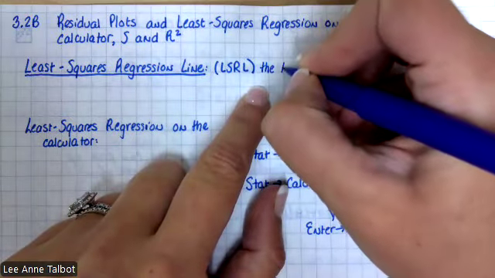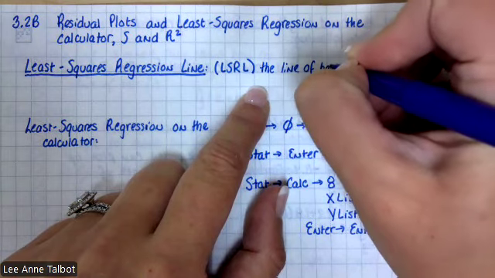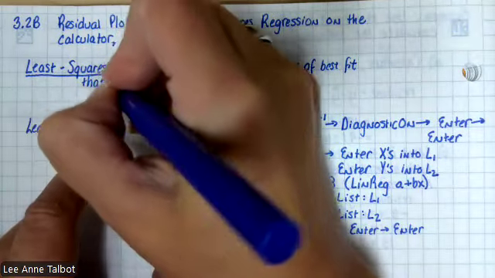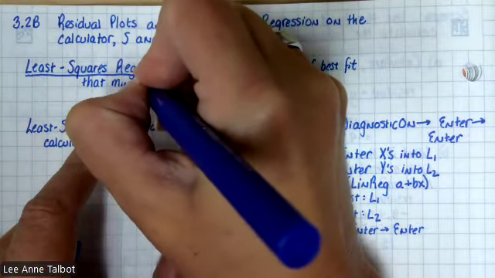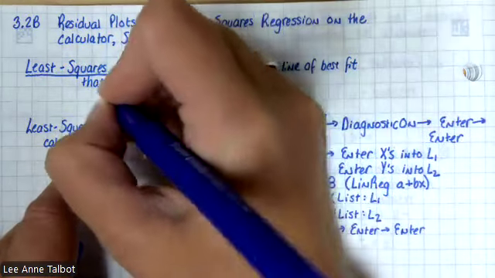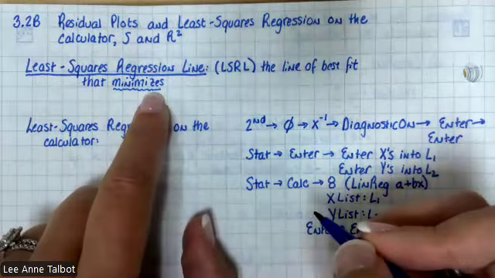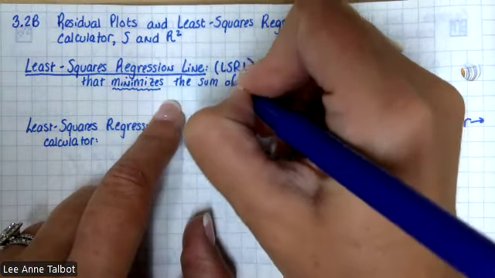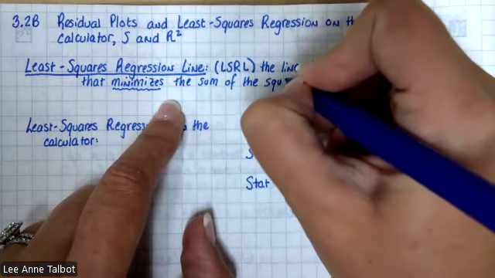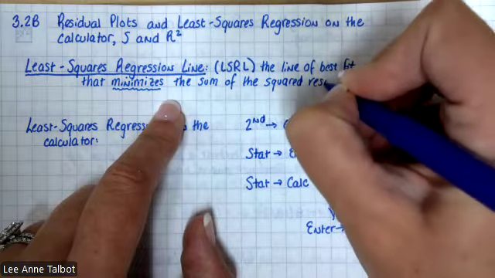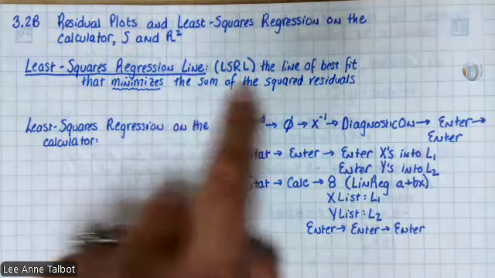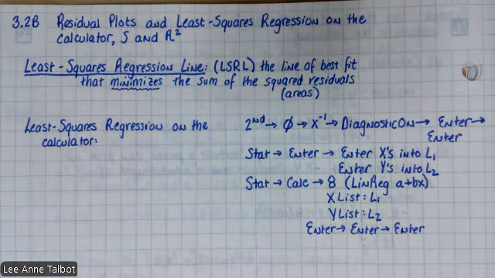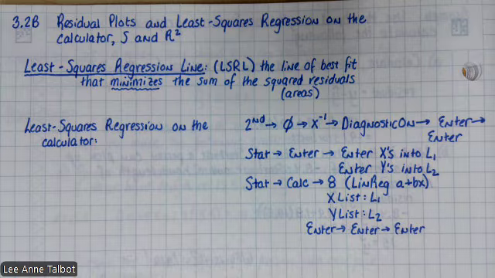So this is the line of best fit that minimizes, which means smallest, the sum of the squared residuals, which means their areas, the sum of the areas when you make the residuals into squares.